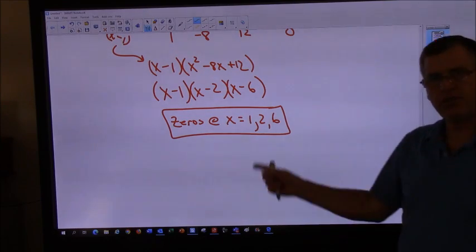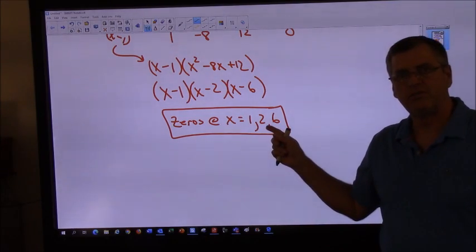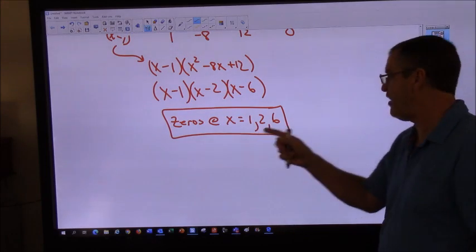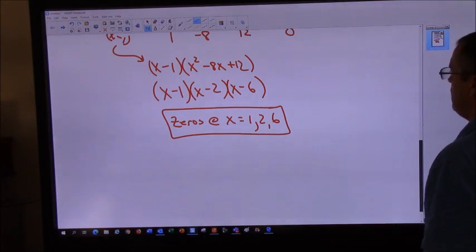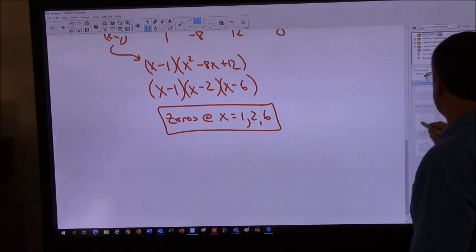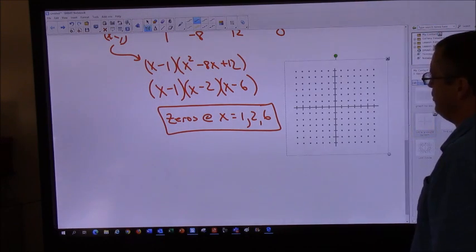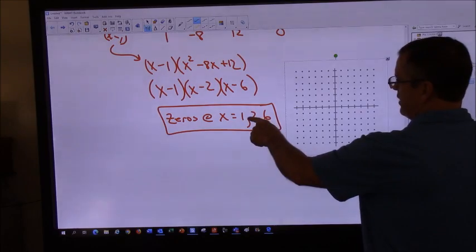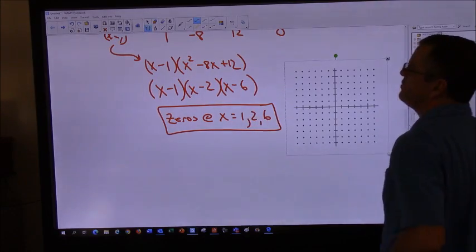Now, if I was going to graph this, and most of the problems today we don't have to graph, but if I was, I would set up a graph, and I would look at this and say, I'm crossing the x-axis at 1, 2, and 6.